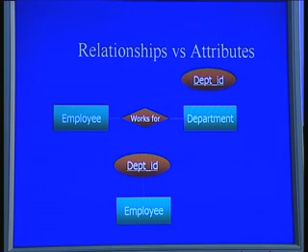But have a look at this slide here. The first picture shows employee works for department as a relation, and then department has a department ID as one of its attributes. Now I am going to take this department ID attribute and put it into employee, and say employee works in this department. So this employee is associated with this department ID. So now which is correct or which is wrong? Is the first one correct or the second one?